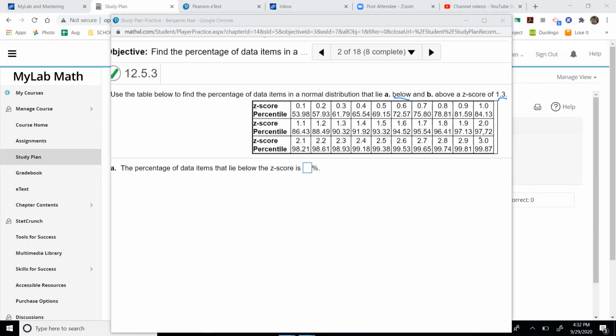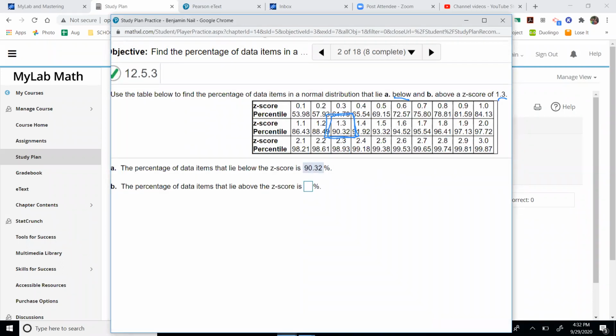If we look at our chart, we find the z-score 1.3, and that correlates to a percentile of 90.32. Again, the percentile is the percentage of items that fall below that. So the percent below this z-score would be 90.32%.